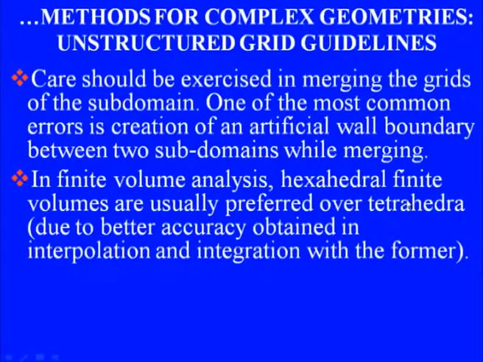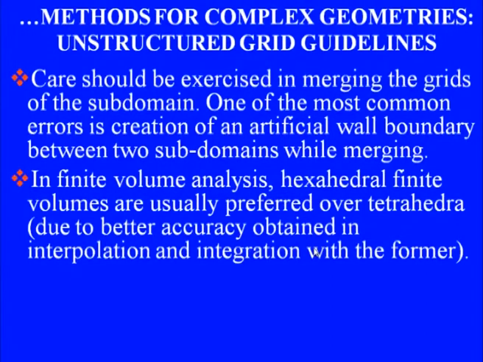When we were discussing finite volume methods, we saw that if you are dealing with quadrilateral or hexahedral finite volumes, it is easier to obtain better accuracy in interpolation as well as integration. That is why in finite volume analysis, hexahedral finite volumes are usually preferred over tetrahedral ones, due to better accuracy obtained in interpolation and integration.